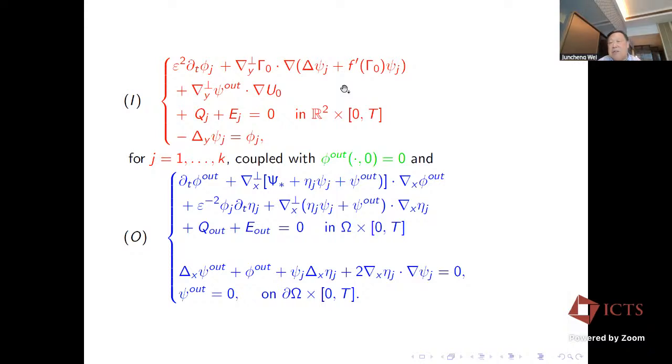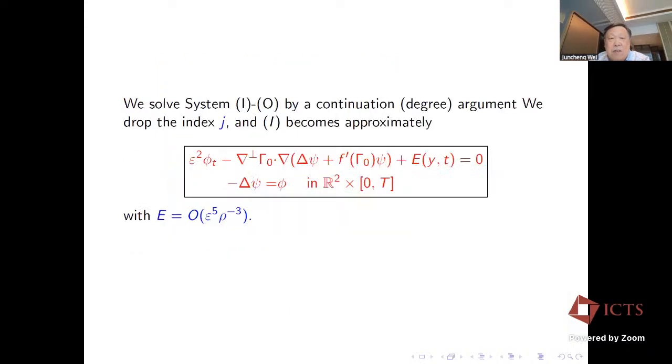Both equations, the inner equation and the outer equation, are transport equations. For the inner problem, we put the singularity, the most singular part of the transport term, in the inner part, and for the outer part, we solve a transport equation with less singular coefficient. This is the inner and outer GUI scheme.